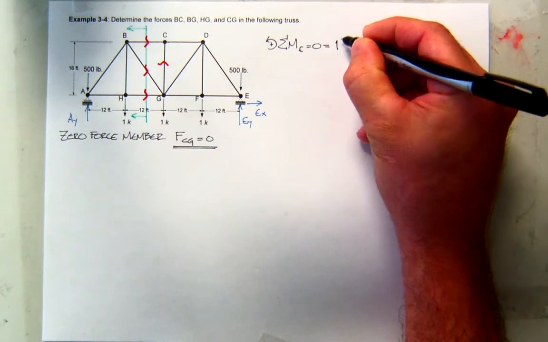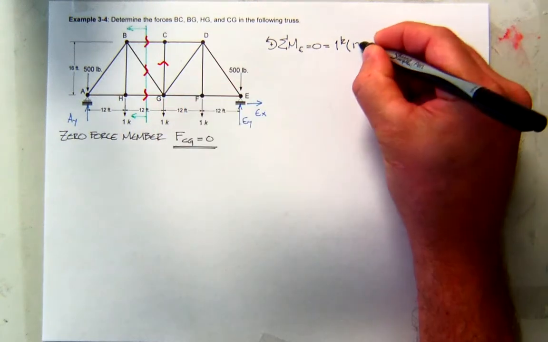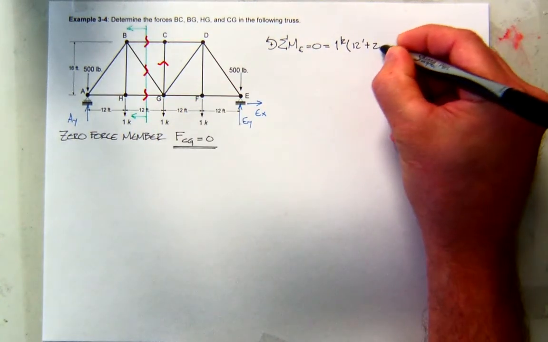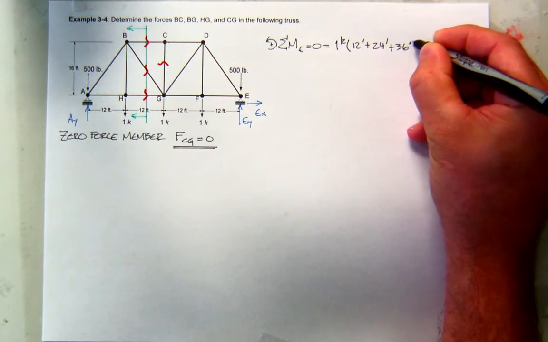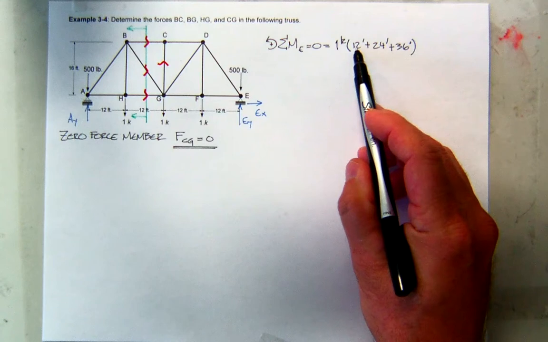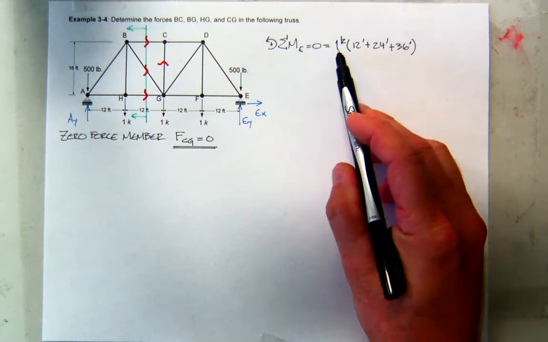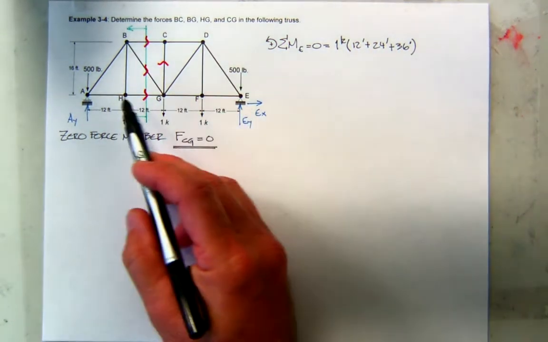So I'm going to say the force is 1 kip, and then the moment arms are 12 feet, 24 feet, and 36 feet. So that's 1 moment with a 12-foot moment arm, a second moment with a 24, a third with a 36. That takes care of all of these.